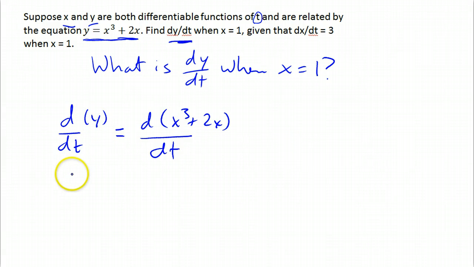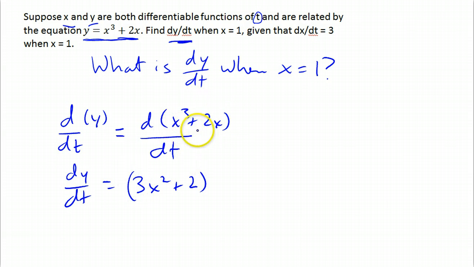The derivative of y is dy/dt, and the derivative of the right side is going to be 3x squared plus 2, and then we have to take the derivative of x with respect to t. Now let's fill in what we know. We're looking for dy/dt.